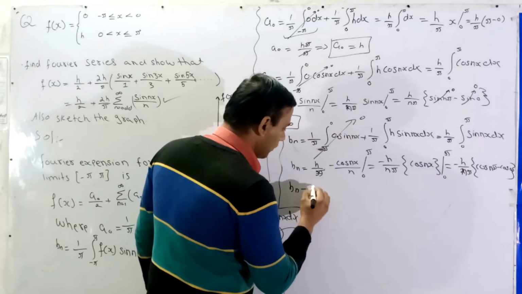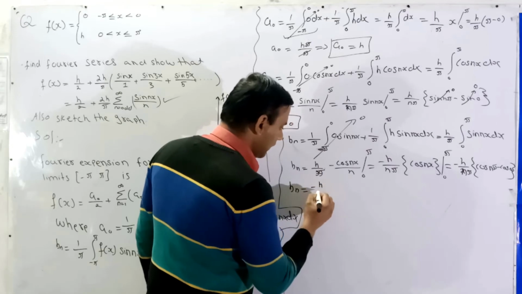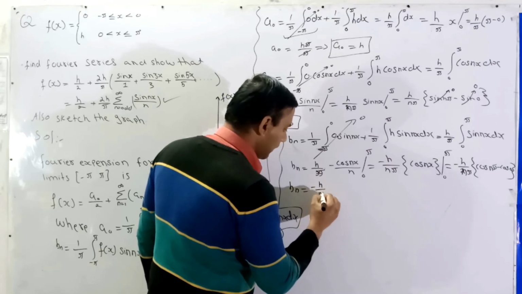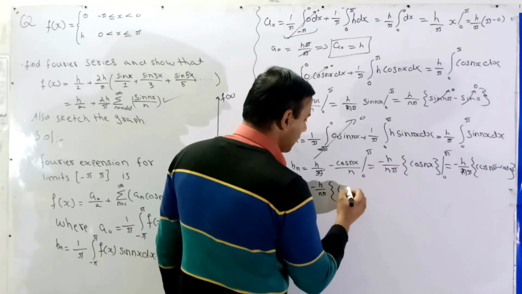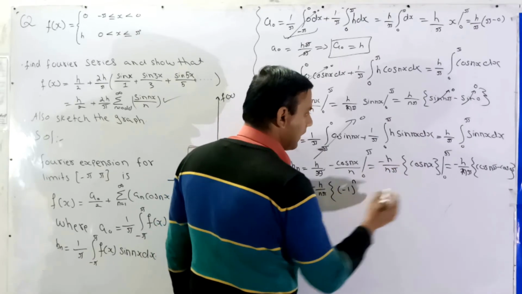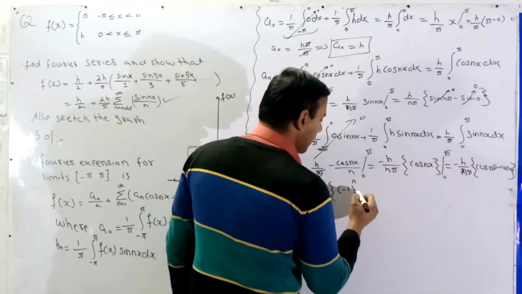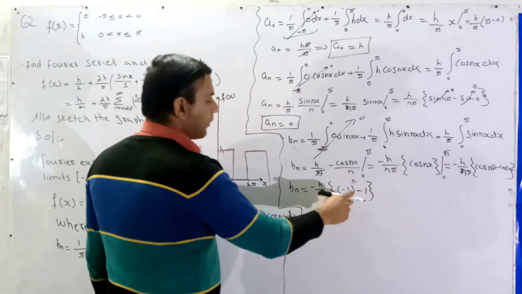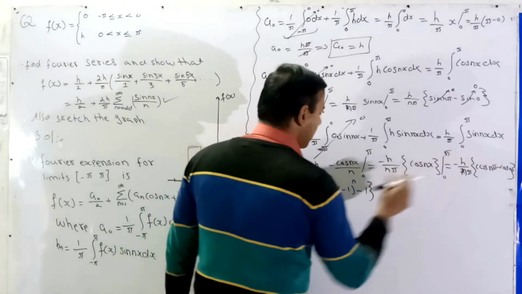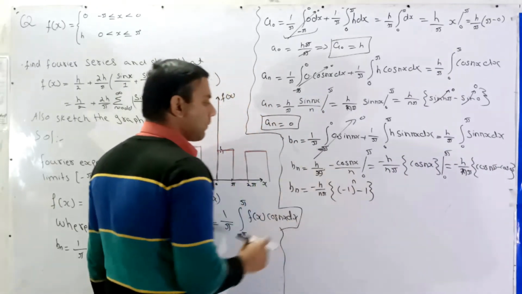So bn is equal to minus h over n pi, cos n pi is equal to minus 1 raised to power n, and cos 0 is equal to 1, minus 1. Here we'll put that cos n pi is equal to minus 1 raised to power n.